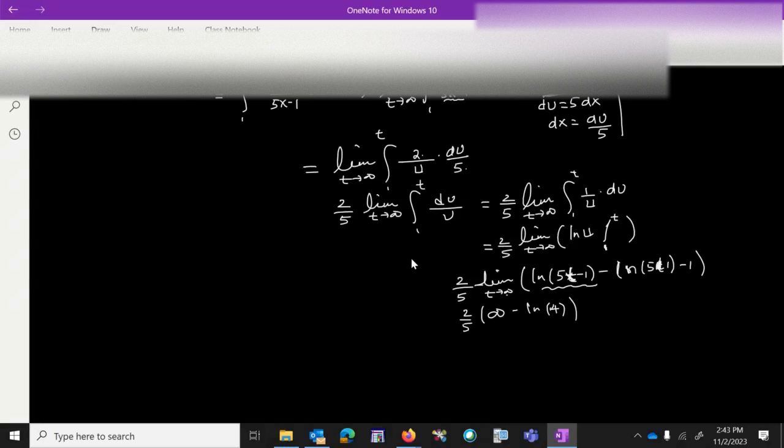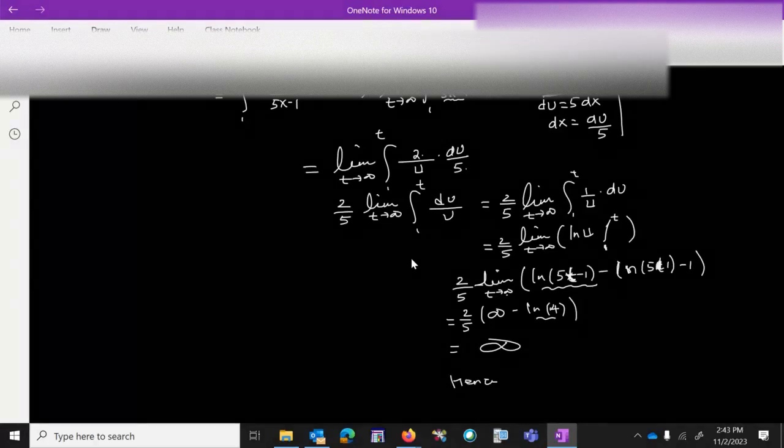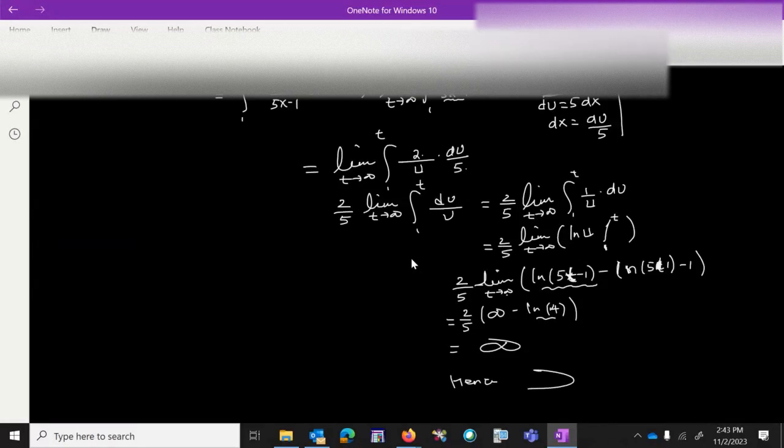In general this gives me infinity, because infinity minus this insignificant number is infinity. Hence I can conclude that this series diverges.